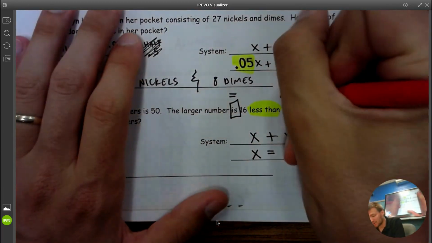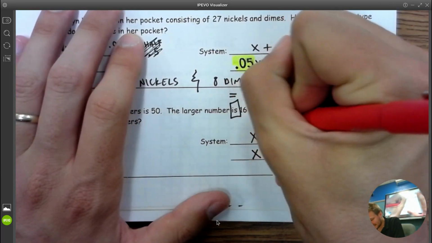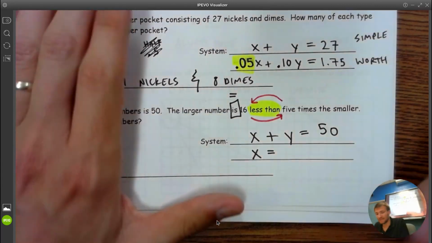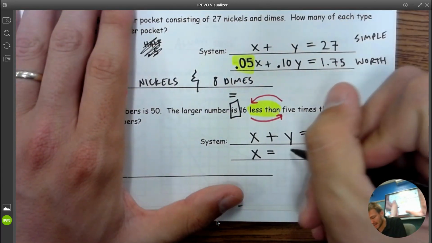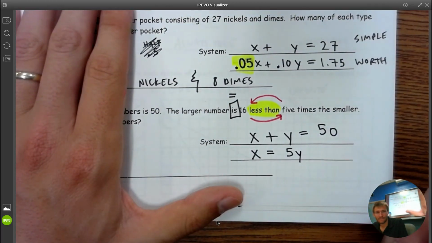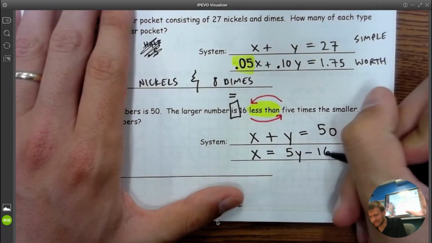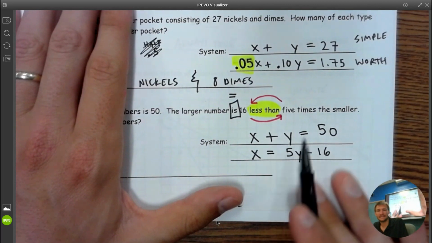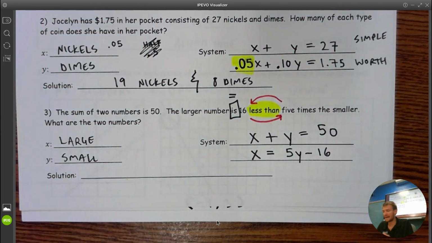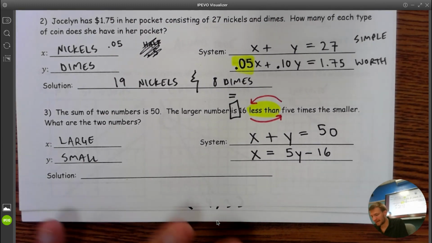If you remember, less than works backwards. So you're going to flip this around: 5 times, which is going to be 5y minus 16, because less than means to change the order around. We talked about that in the past. We'll talk about it again when we do writing equation review.